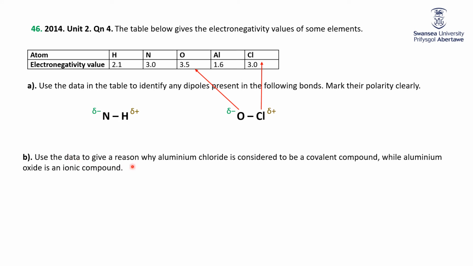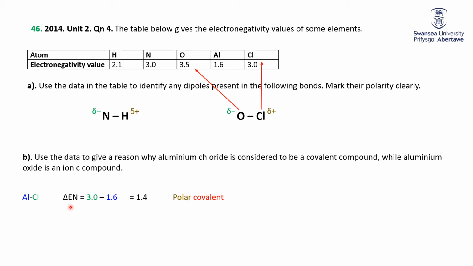Use the data to give a reason why aluminium chloride is considered to be covalent, while aluminium oxide is ionic. Well, looking at the data, there's AlCl. The aluminium is 1.6, the Cl is 3, so the difference in electronegativity is 1.4. That would usually be considered to be polar covalent.